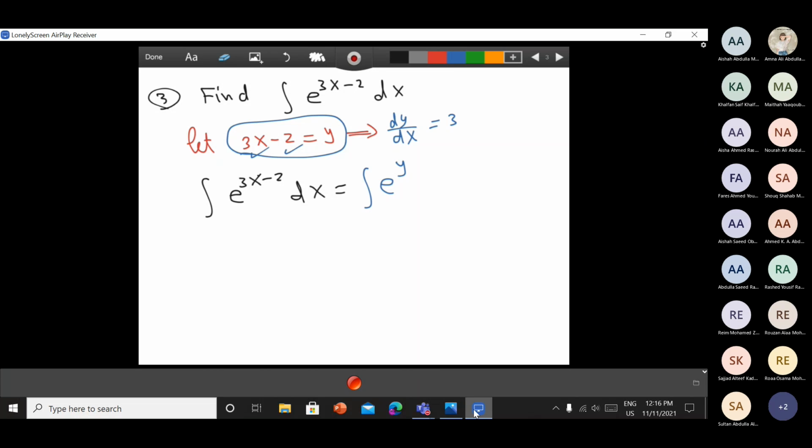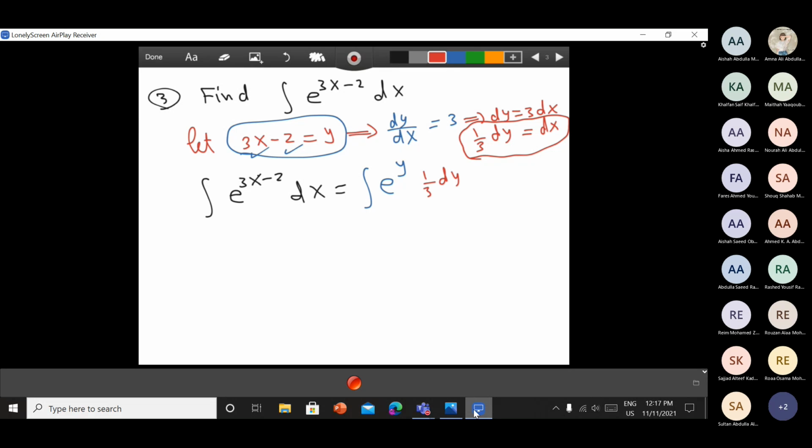Now what I need is dx. So dy will equal 3 dx. I'm looking for dx. So dx will equal to what? 1 over 3 dy. So I can replace dx by 1 over 3 dy.